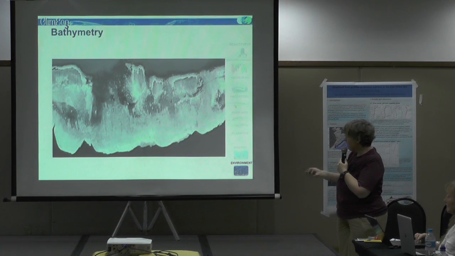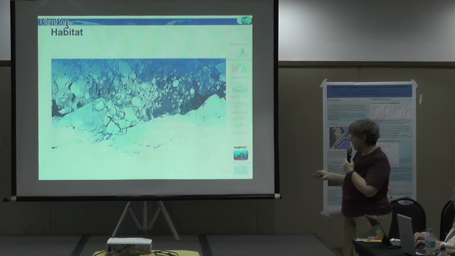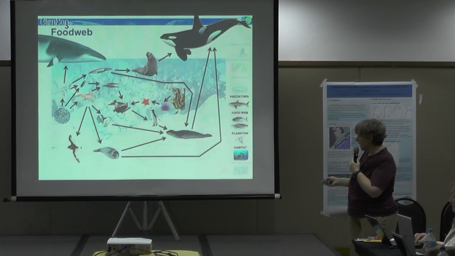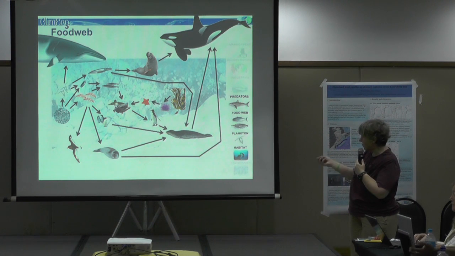So if this is the bathymetry of the system and the sediments across the top of that, then you've got your habitats to represent. So ice is obviously a major habitat down there. Then you've got to think about how to represent your food web. What do you put in the food web? Which bits do you leave out? So down there, they hadn't really put much of the benthic food web in before. They've been pretty much focused on what was happening with krill and the large predators.